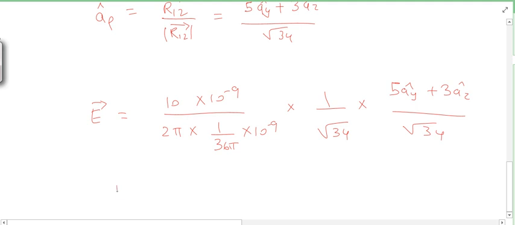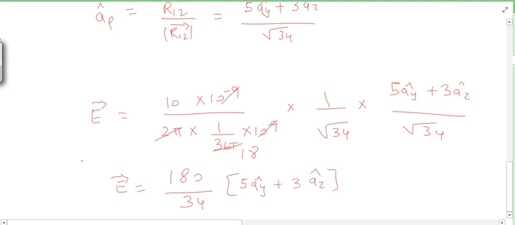If you solve these values, 10 to the power minus 9 will cancel, 2 pi becomes 18 and goes to the numerator, so it becomes 180, and root 34 into root 34 makes it 34. So 180 by 34, 5 ay cap plus 3 az cap.